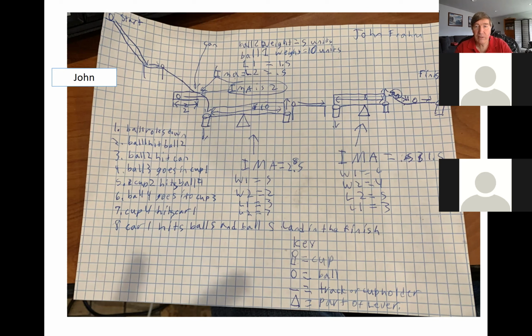My video here is in the way. Let me see if I can move my video. So it falls into a cup then, right? That's the end result, the ball falls into the cup. All right, okay, very nice. I like that, John. I hope you can make that work.